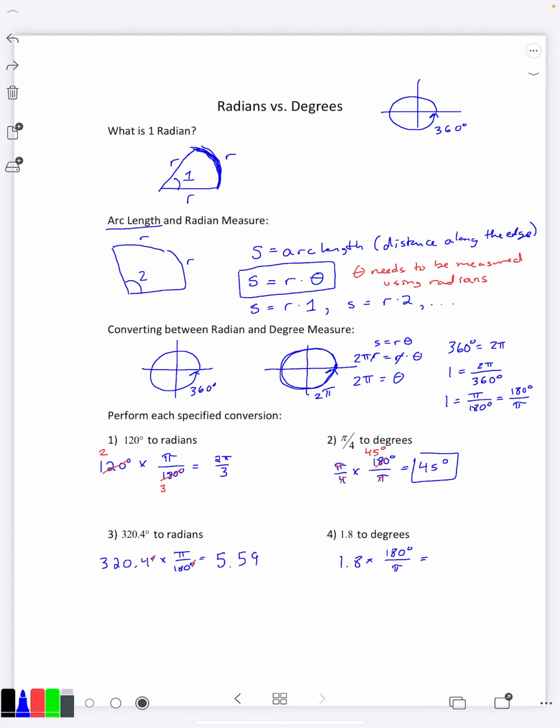And again, your calculators probably have a conversion button on them you could use instead of multiplying manually, but this works just fine. And we get 103.13 degrees. So these are the different ways we can use to convert back and forth between radian and degree measure.